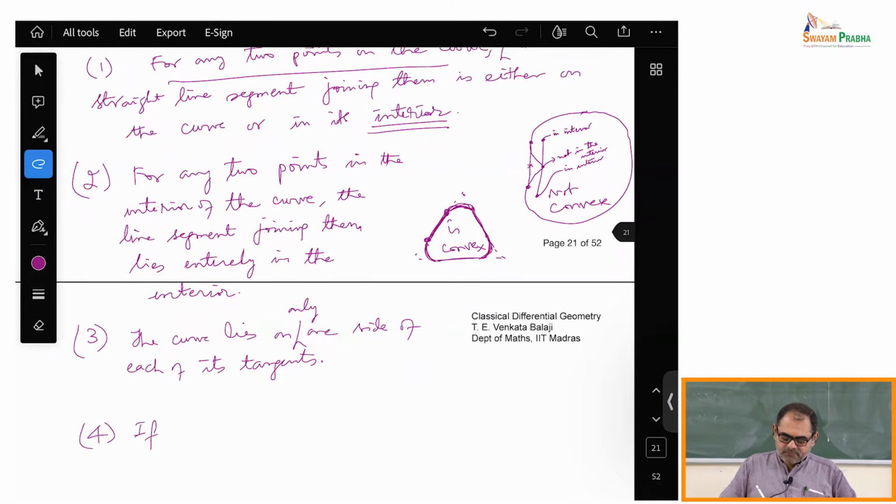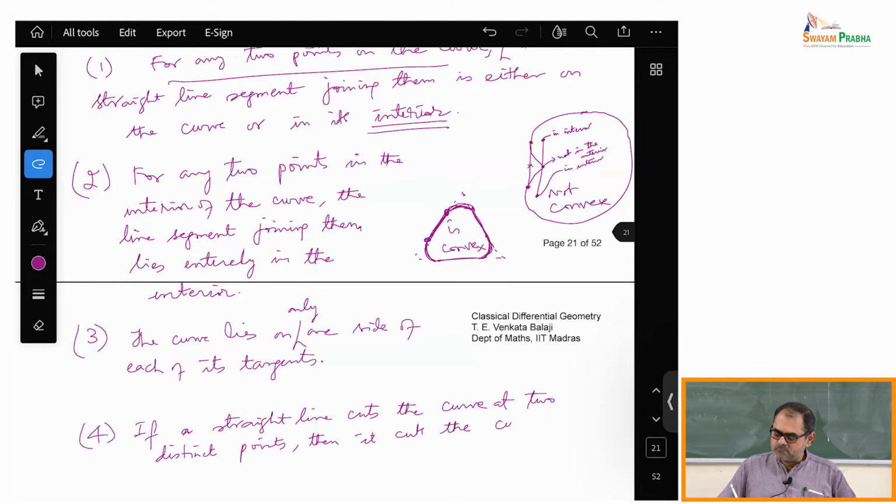If a straight line cuts the curve at 2 distinct points, then it cuts the curve into exactly 2 segments or pieces.